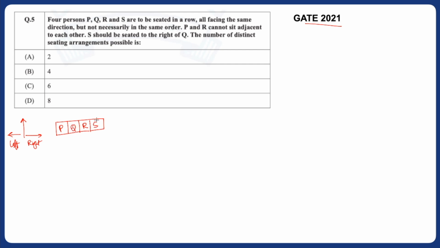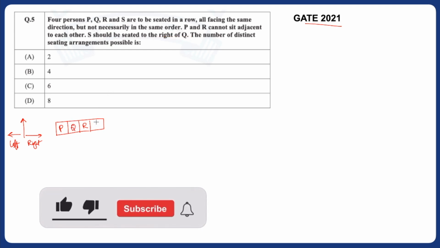You can see that S is on the right side, because if you draw the arrow, it's on the right side of Q. Now, can you have a different arrangement? Can you make S and Q here? No. In that case, S will go to the left side of Q. That's not allowed, because S should be seated to the right of Q, and that's not getting followed. That's why this is not a proper or allowed arrangement. So this is one arrangement we got.